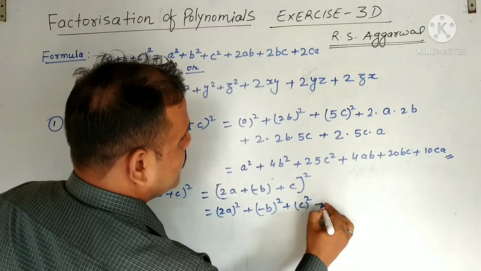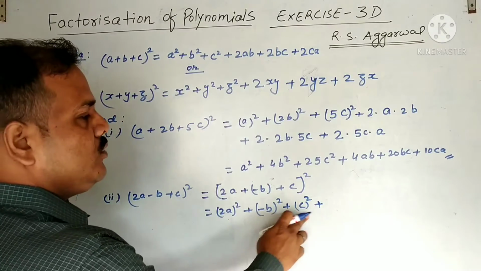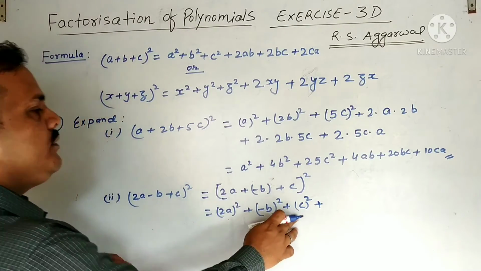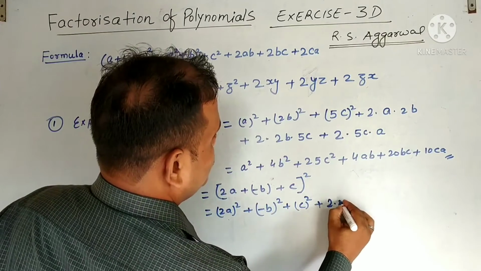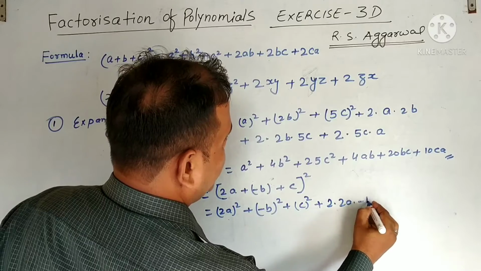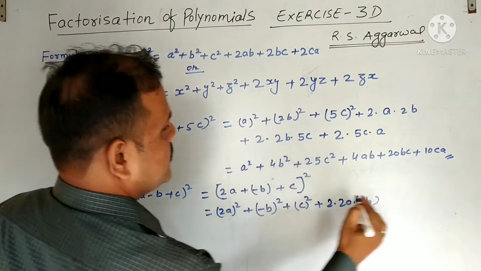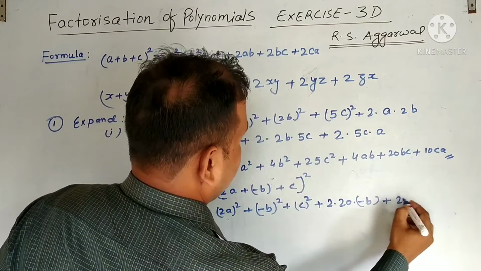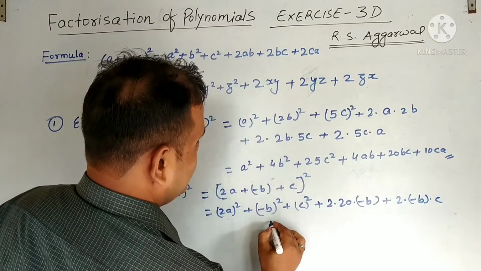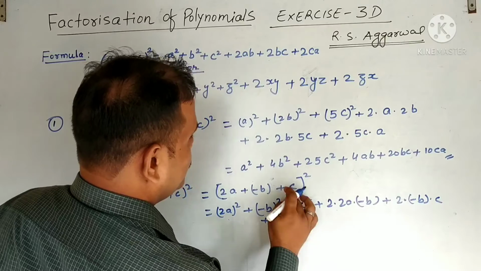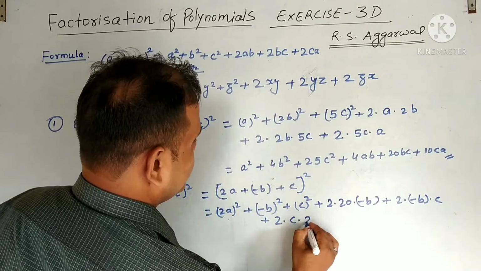It is not necessary to put a bracket here; if you are comfortable, no need. Plus 2 into 2a into minus b, plus 2 into minus b into c, plus 2 into c into 2a.